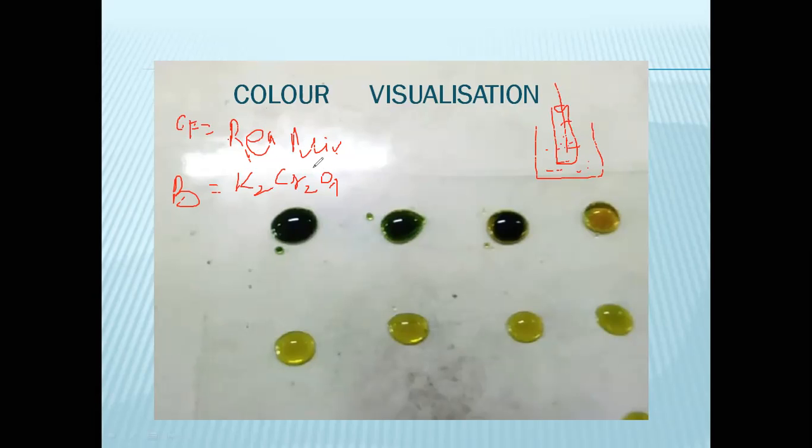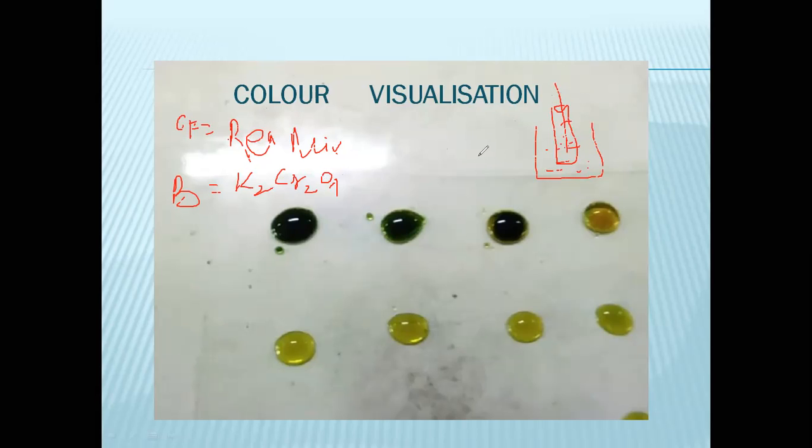Now whether the reaction is completed or not, we don't know, isn't it? So we have added just 5 ml of K2Cr2O7 from the burette. After adding the 5 ml of K2Cr2O7, you have to take out this glass rod and wipe it with a tissue paper, so that means a dry glass rod.